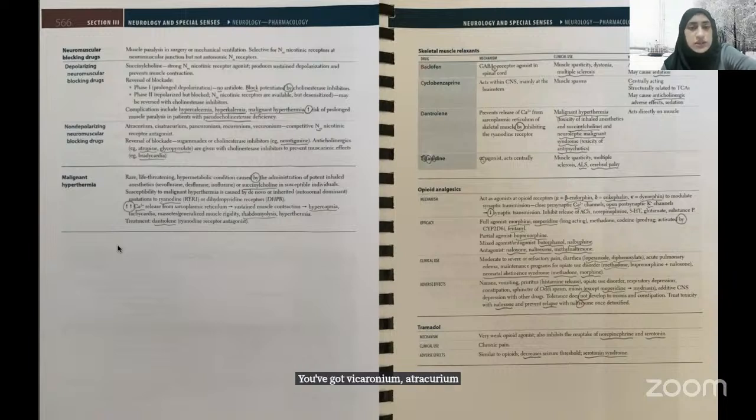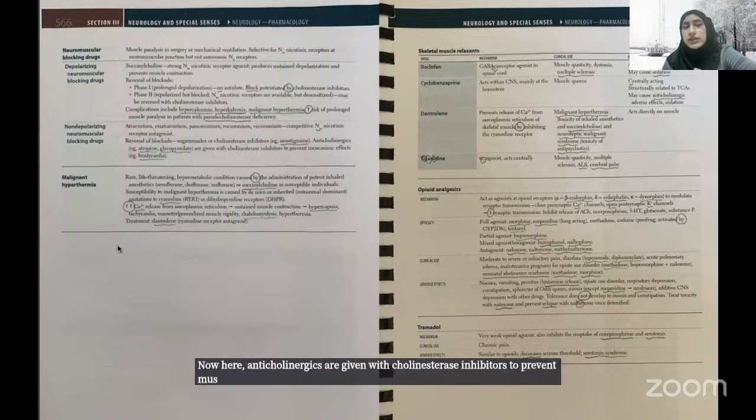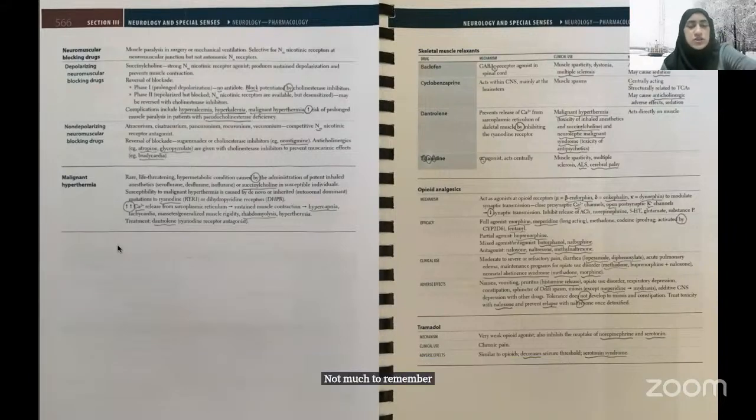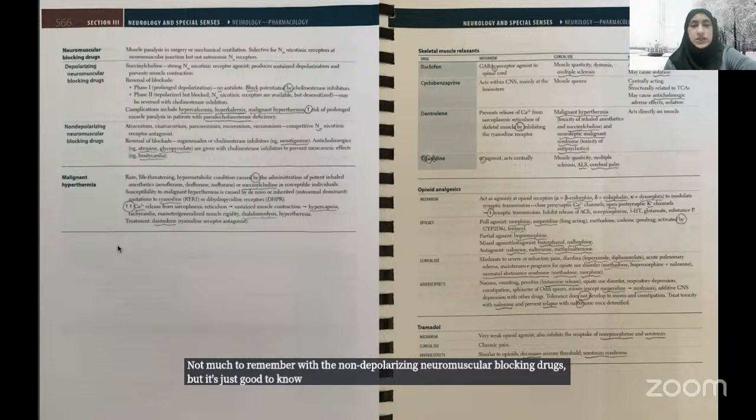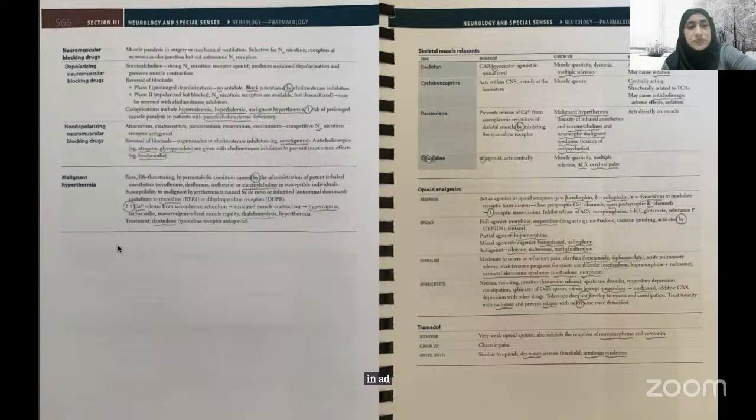These are all nicotinic receptor antagonists. Here, anticholinergics are given with cholinesterase inhibitors to prevent muscarinic effects, for example bradycardia. Not much to remember with the non-depolarizing drugs, but it's good to know what happens and what you can give in adjunct therapy.